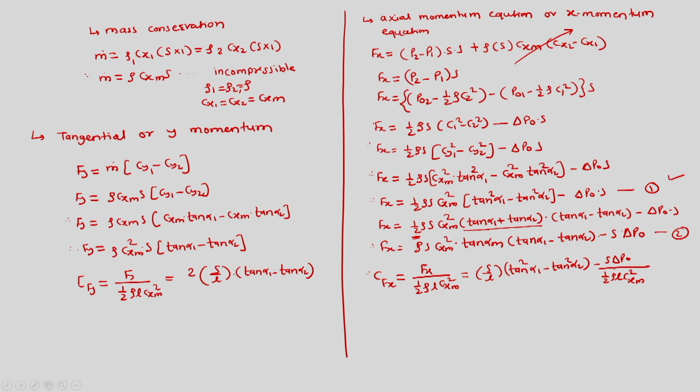Now, having this force coefficient in axial direction known and similarly force coefficient in normal direction known, we can find out lift and drag. So, lift L is equal to, from the decomposition of forces, Fy cos alpha m plus Fx sin alpha m.